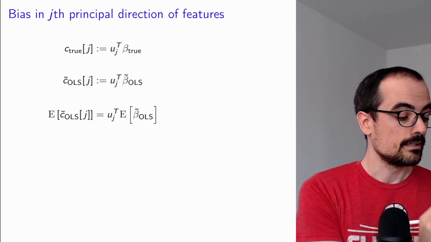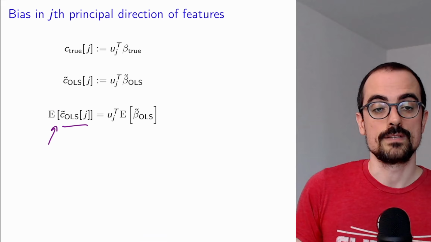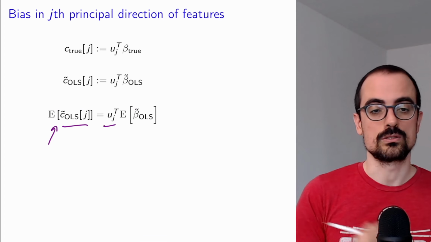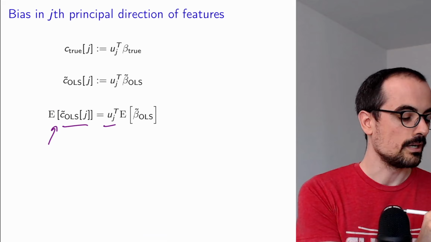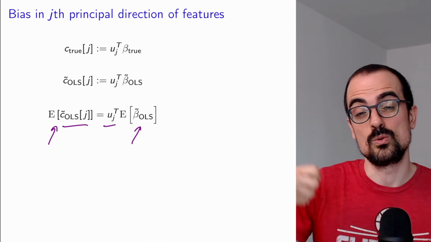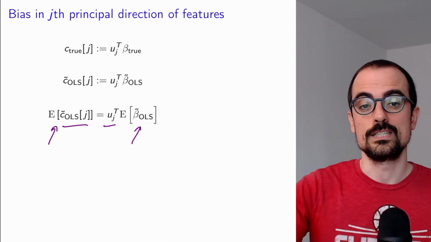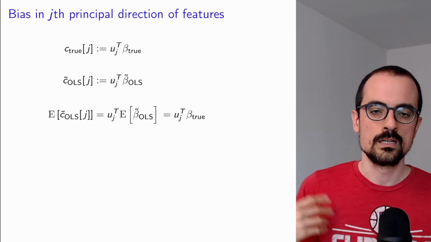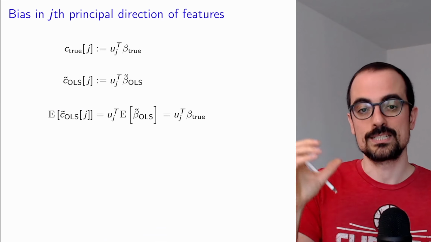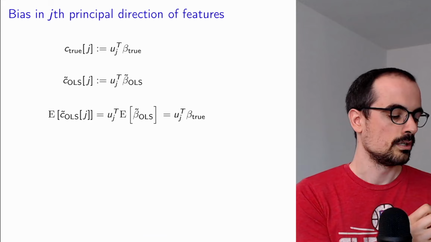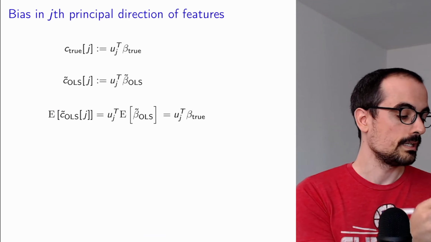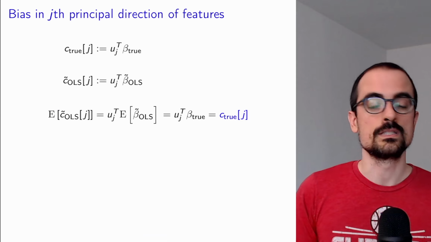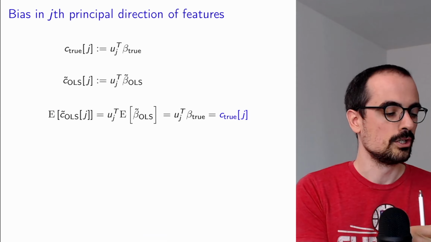So if we take the mean of the amplitude of the OLS coefficients in that direction, then by linearity of expectation, this guy can come out from the expectation operator, and here we get the mean of the OLS coefficients, which we proved in the video on coefficient error is equal to the true coefficients under our assumptions, when the noise is independent and the response is a linear function of the features. So this means that the amplitude in every principal direction on average is the correct one, which is what we observed in our empirical observations.